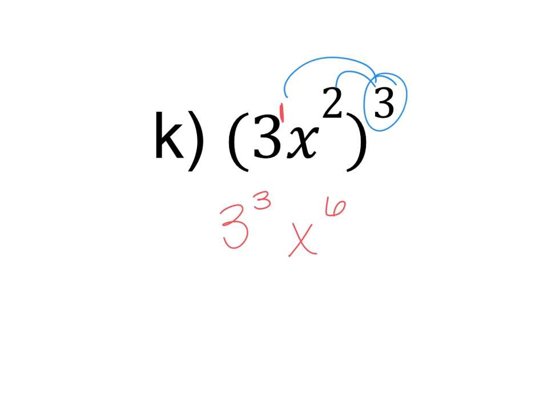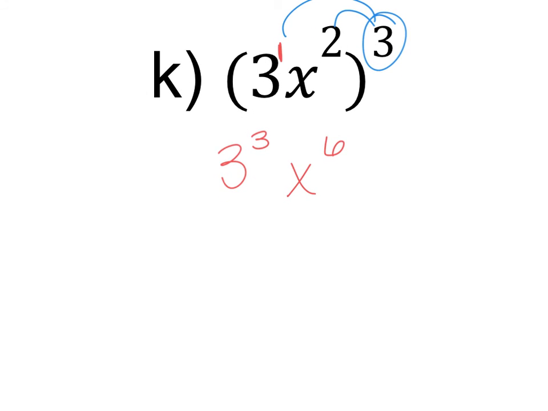All right, now on this, some people may be tempted to leave your answer like this. If you have a number to an exponent that you can raise to that power, I do want you to multiply it out. I don't want you to just leave it as 3 to the third. So 3 to the third is 27, we know from the last lesson. And so this would be 27x to the 6th is how I want you to write it.